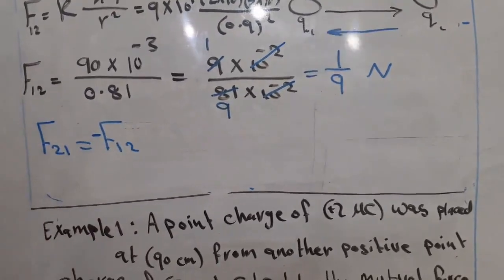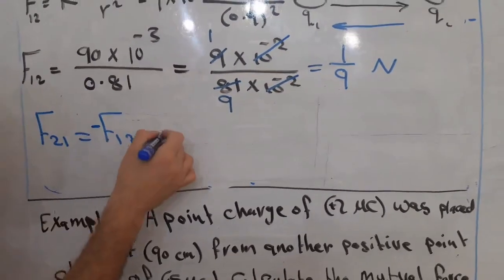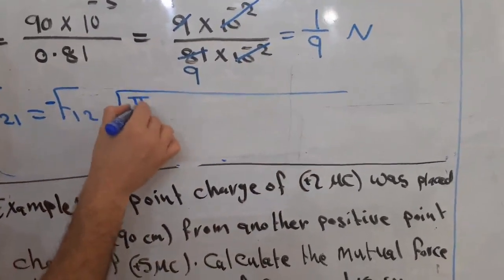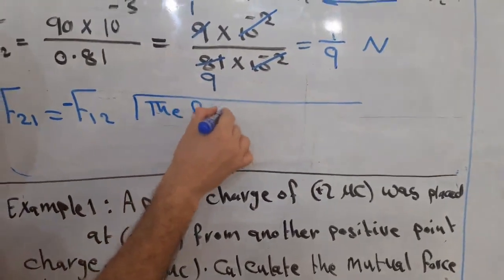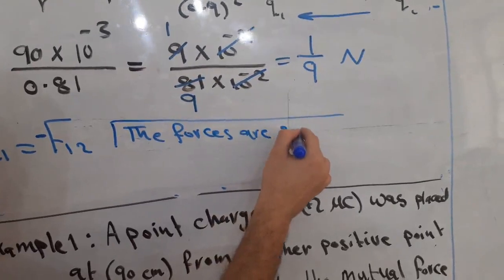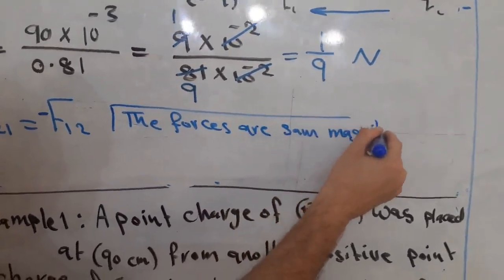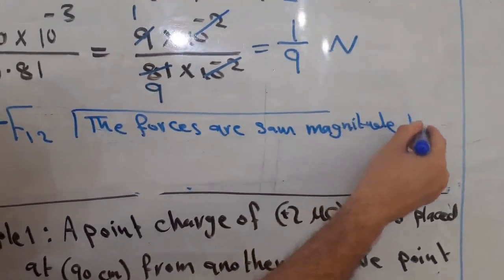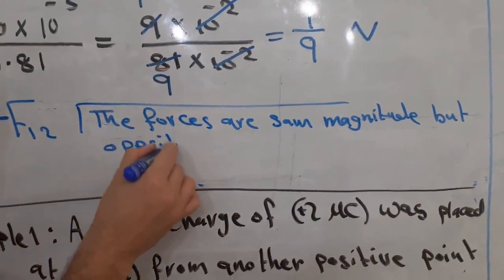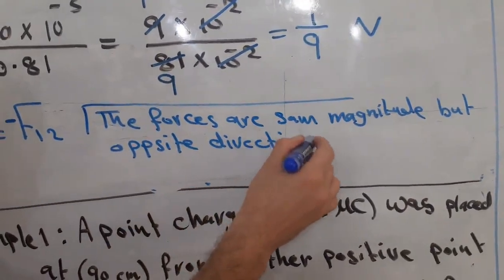For that, I must write minus: F21 equals minus F12. What does this mean? This means the forces are the same magnitude but opposite direction. Okay.